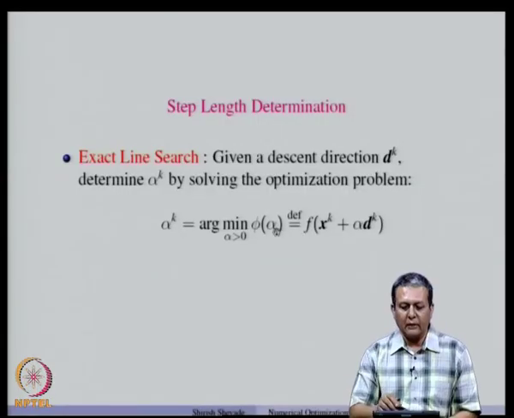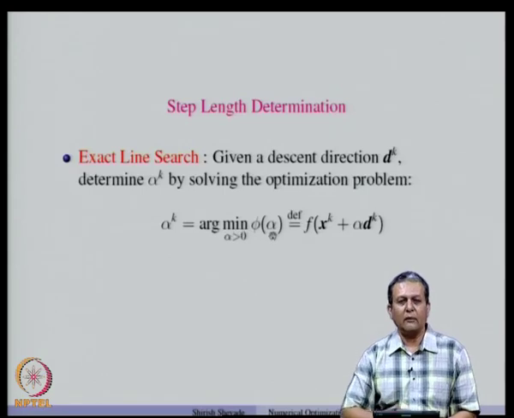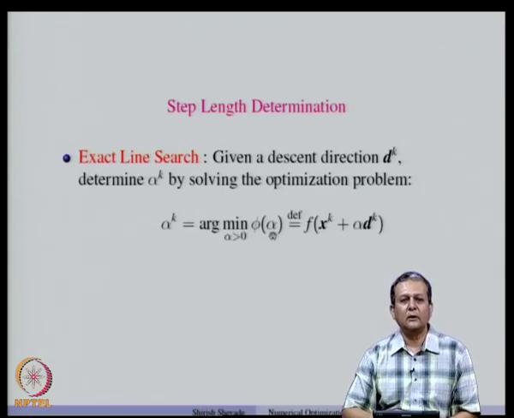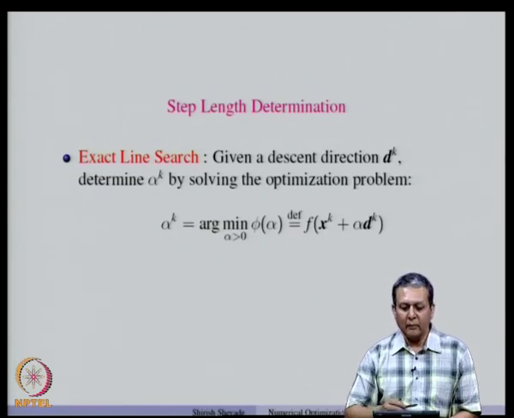So, although this approach of doing one dimensional optimization problem would give us the exact alpha k, it is a computationally expensive approach, and remember that this has to be executed at every x k given dk.